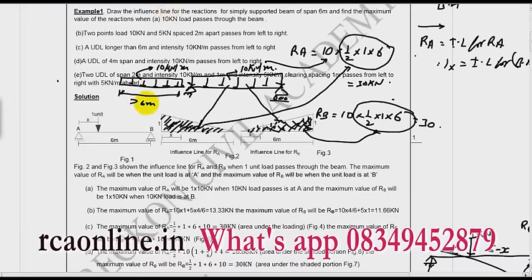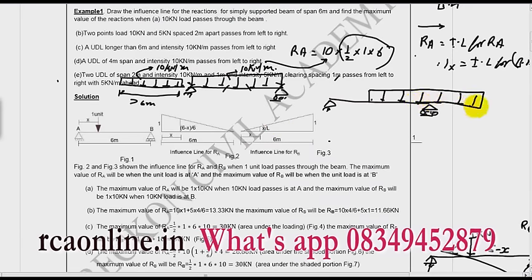Now what will be the case if I do not take the complete UDL? Then I have only this much area multiplied by 10, and that will not be the maximum RA. Did you get it? Because the load on the span is up to only this part.